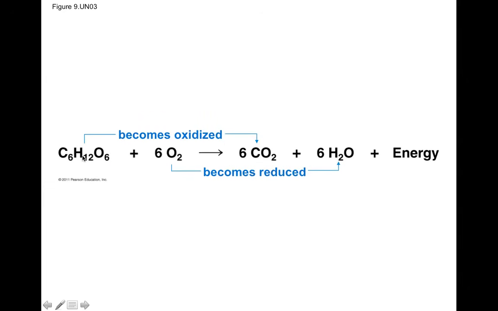So here we've got glucose, which starts off as a fairly reduced form of carbon, and it's going to get oxidized in CO2 because it's having to share its electrons with two oxygen atoms. And the oxygen in oxygen gas gets reduced as it gets to share electrons with hydrogen, which can't pull the electron density away. So those electrons are going to spend most of their time with oxygen, and we're going to get a huge release of energy.